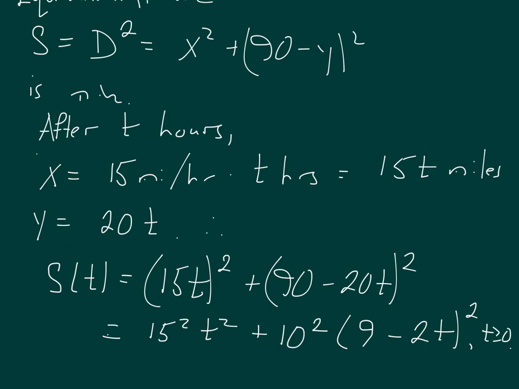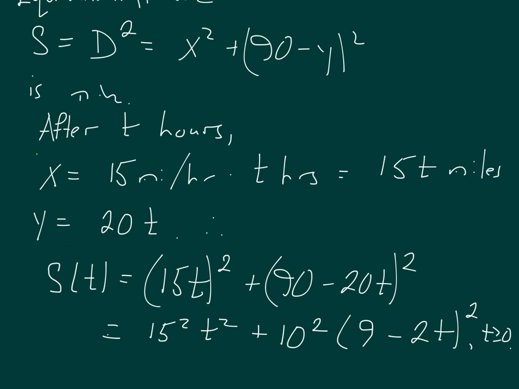If it takes a minimum value at a particular time, that time t will necessarily be a critical number for S. So the thing that we'll do now is we'll find the critical numbers for S, and we'll find a sign diagram for S prime and use the first derivative test to determine where S is minimum.